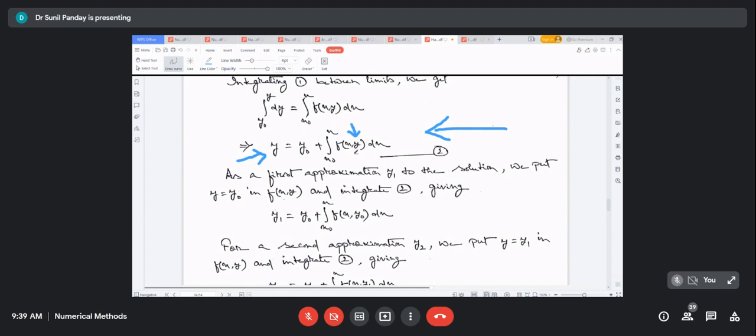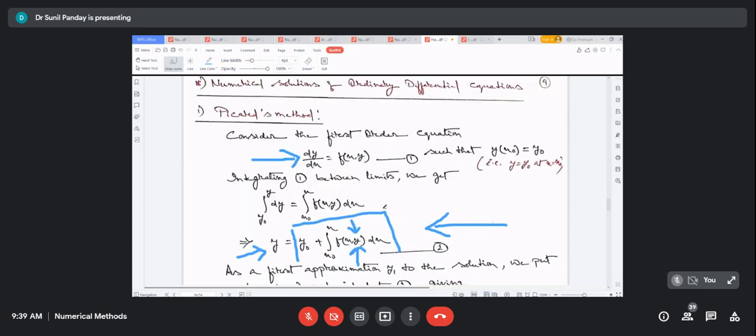We substitute some approximate value of y there. As a first approximation y1 to the solution, we put y equals y naught in f of x y in the integral part of equation 2. That is, we replace the y present inside the integral by y naught.